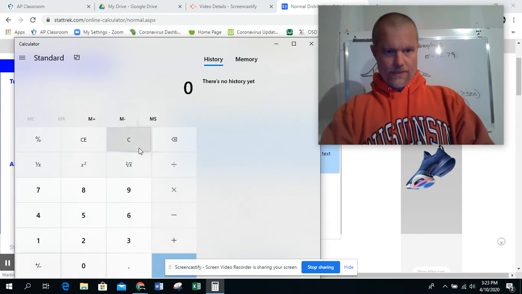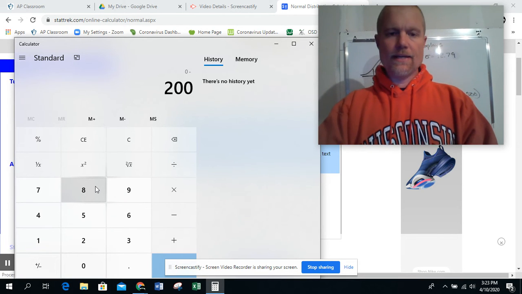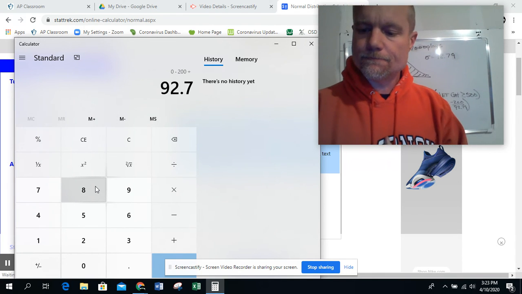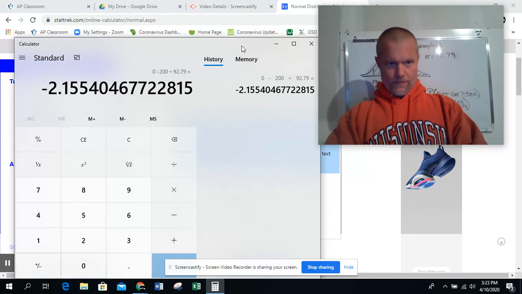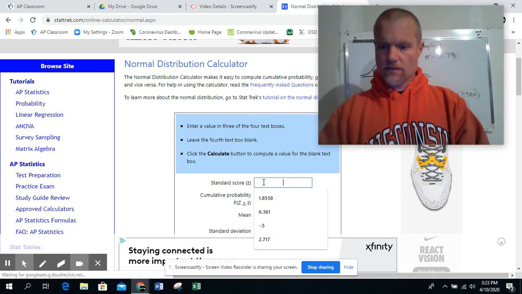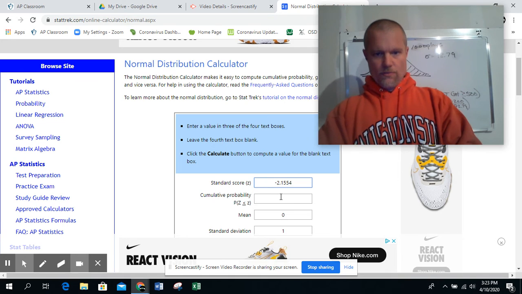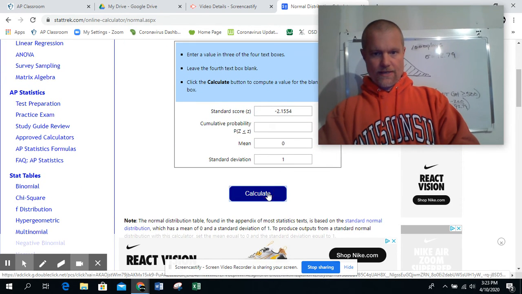So on my calculator, negative 200 divided by 92.79. So I have a z-score of negative 2.1554, and I want the cumulative probability, and this is going to say that's less than that z-score. I'm going to calculate.